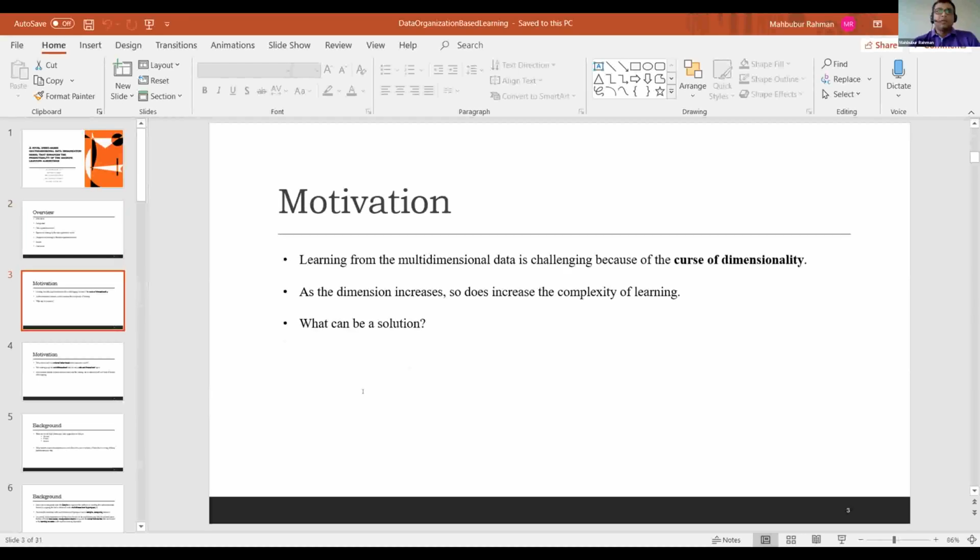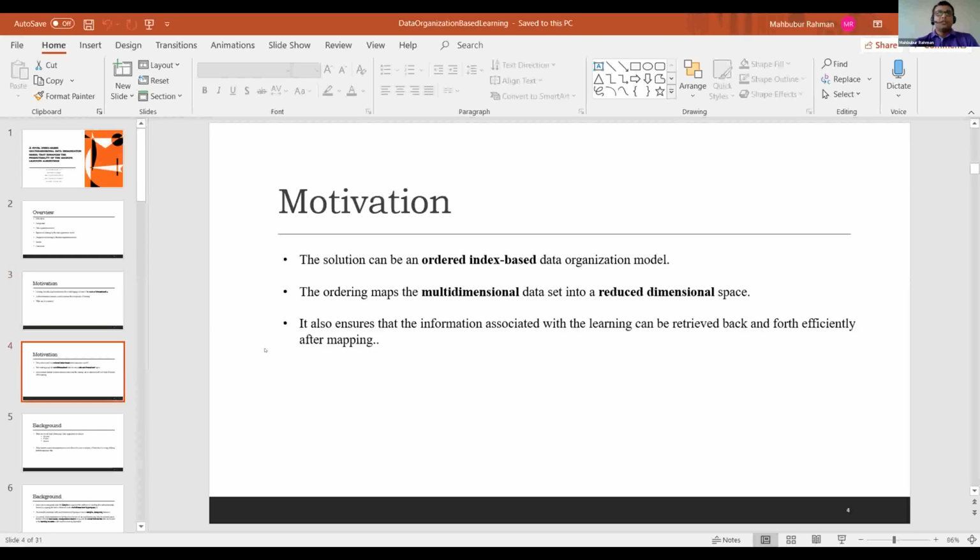The motivation comes from the fact that learning from multidimensional data is challenging because of the curse of dimensionality. As the dimension increases, so does the complexity of learning. So what can be a solution? In this research, we proposed an ordered index-based data organization model.